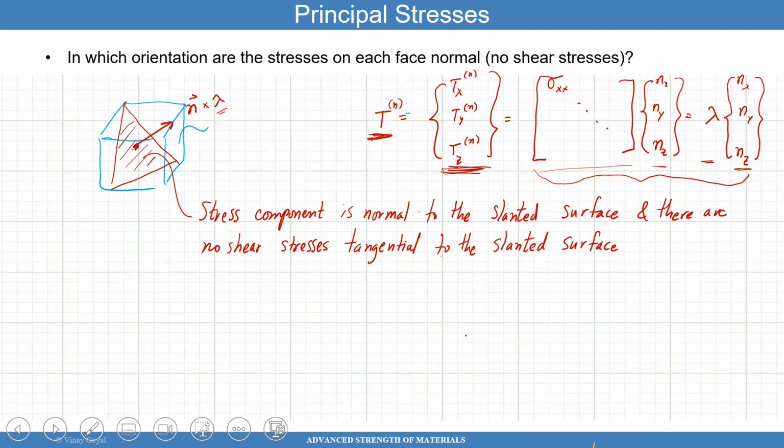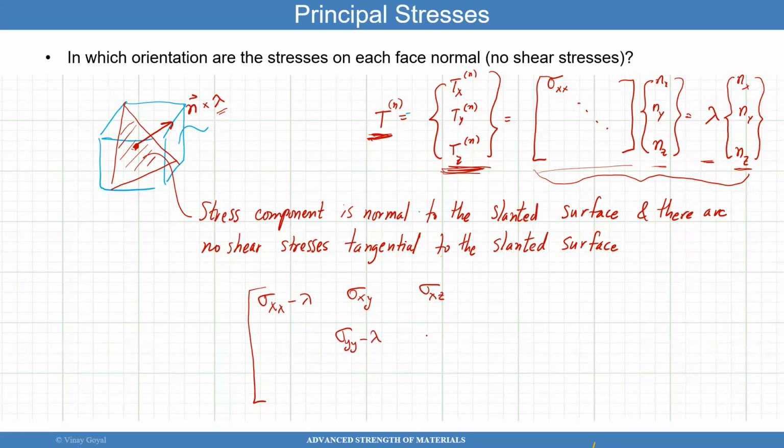So if I take that relationship, I can bring this to the left-hand side, so I get something like this: sigma xx minus lambda, sigma xy, sigma xz, and then I have sigma yy minus lambda, sigma yz, and then sigma zz minus lambda, sigma zy, sigma zx, sigma yx.